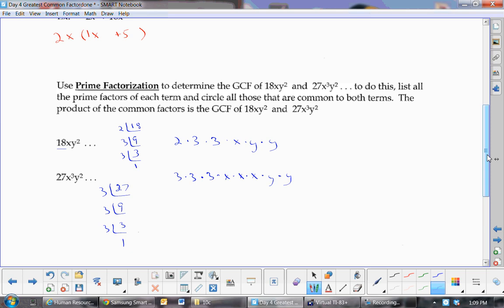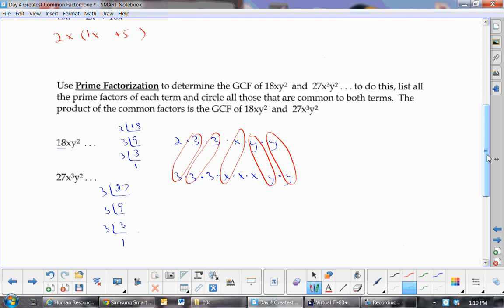Now, why am I going through this way? Because this helps you understand that let's find everything common between these. Well, they both share these 3's. And they both share these 3's. That's common between them. They both share an x, and they both share 2 y's.